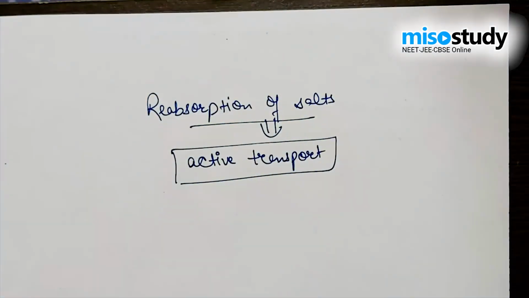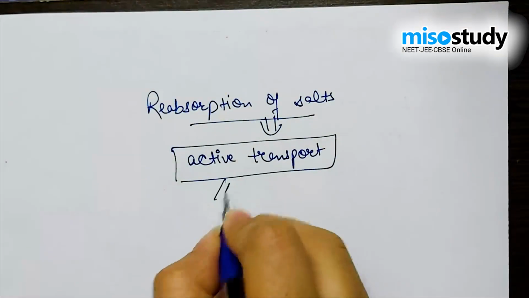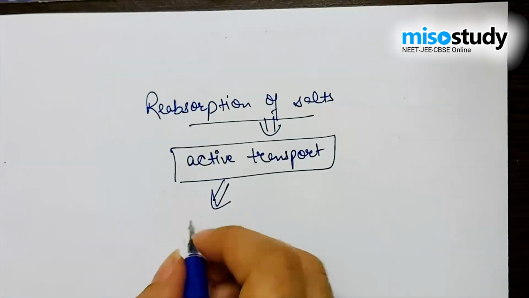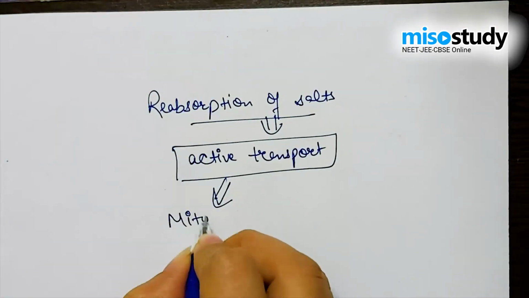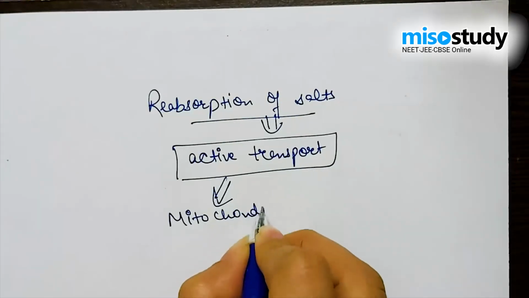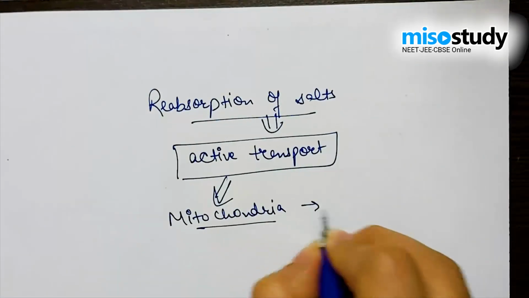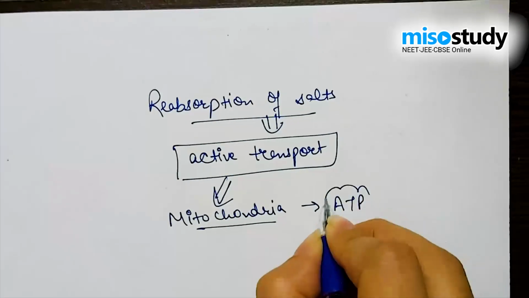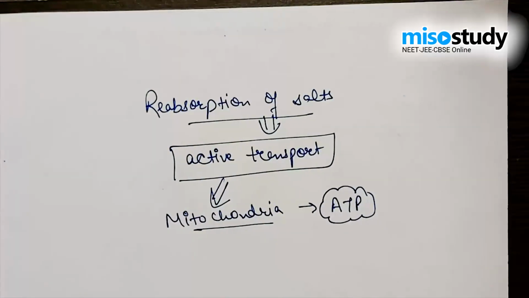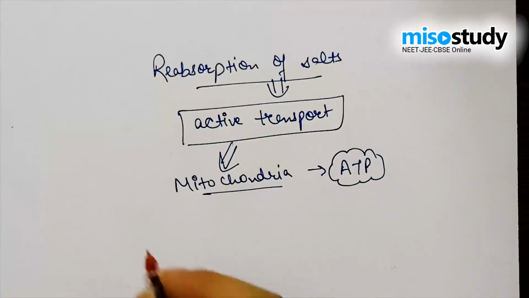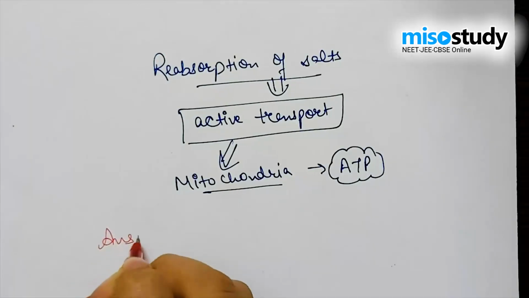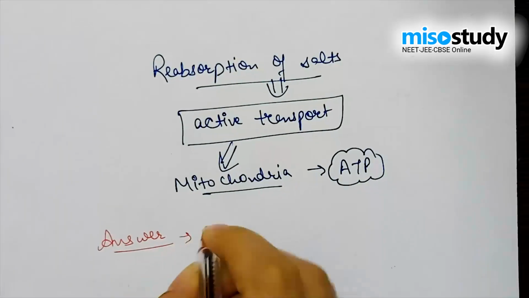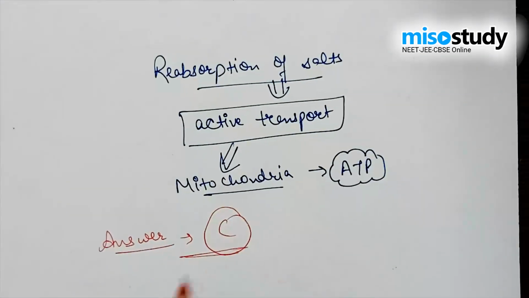Active means that it requires energy, and this energy is given by the mitochondria in the form of ATP. We all know that ATP is adenosine triphosphate. So according to the discussion so far, the right answer for the question is option C. Let's mark the right one in the options.